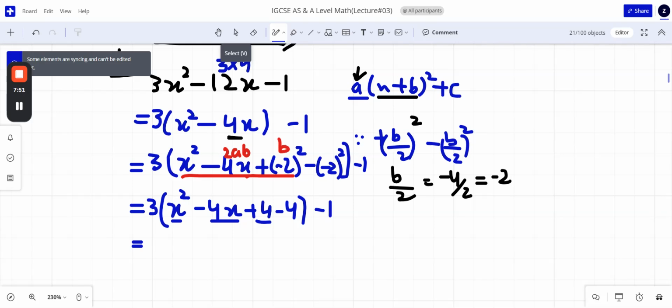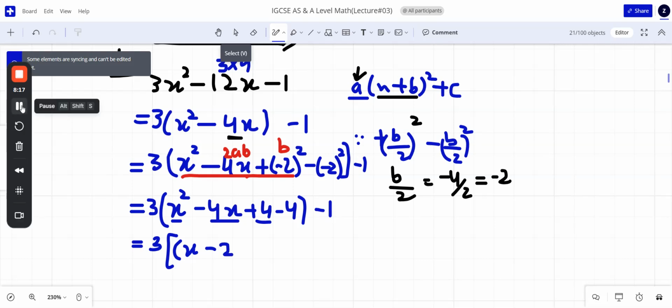We substitute the formula a square minus 2ab plus b square equals (a minus b) whole square. So 3 we keep the same, and we write a minus b, where a is x and b is 2.